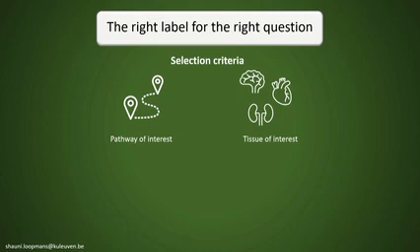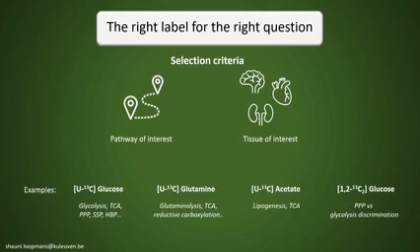And apart from that, you have to be sure that this pathway is active in the tissue that you're looking in. For example, we know gluconeogenesis is very high in the liver, but if you're going to look at bone, for example, you will have very limited gluconeogenesis. There are some examples of tracers that I list here. We have uniformly labeled glucose, which gives you an overview of central carbon metabolism, glycolysis, TCA cycle, all of these.